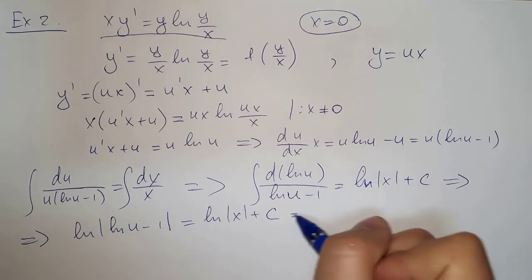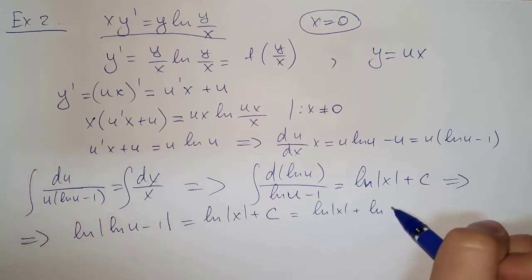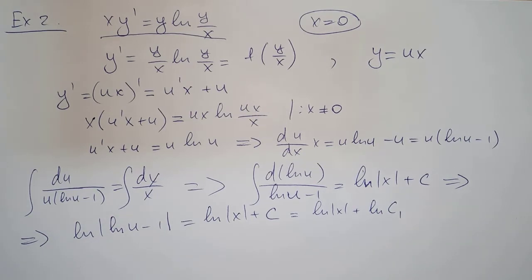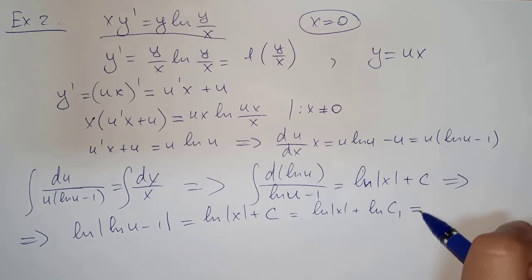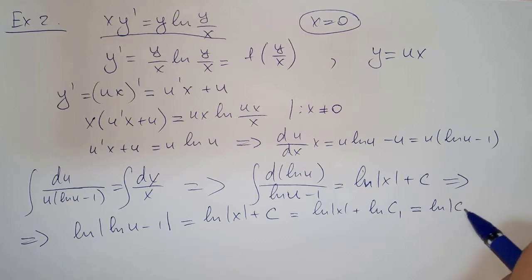Now here our c we can write as ln(x) plus ln(c1), any other constant. So what does it give us? It is now a product, so it will be ln(c1 x).